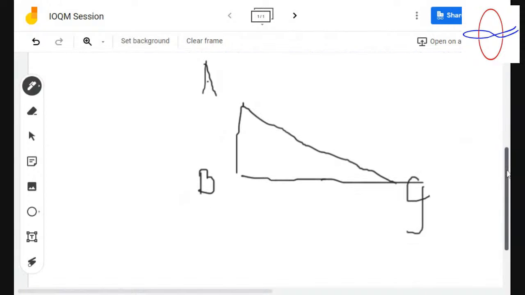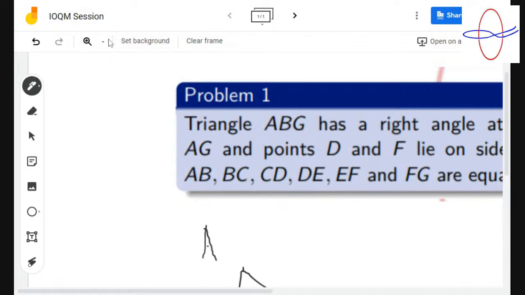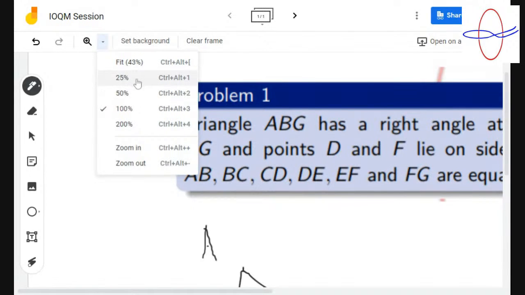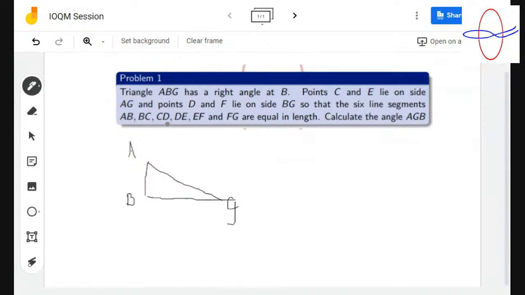So ABG over here, and no, G is not the centroid. Let's see what is given. C and E lie on side AG, and D and F lie on side BG. So that's six line segments.